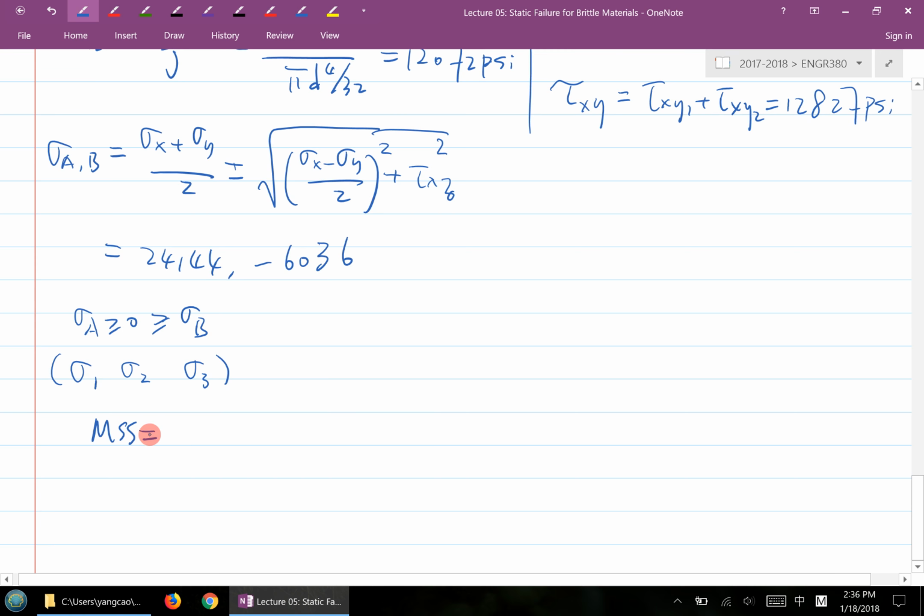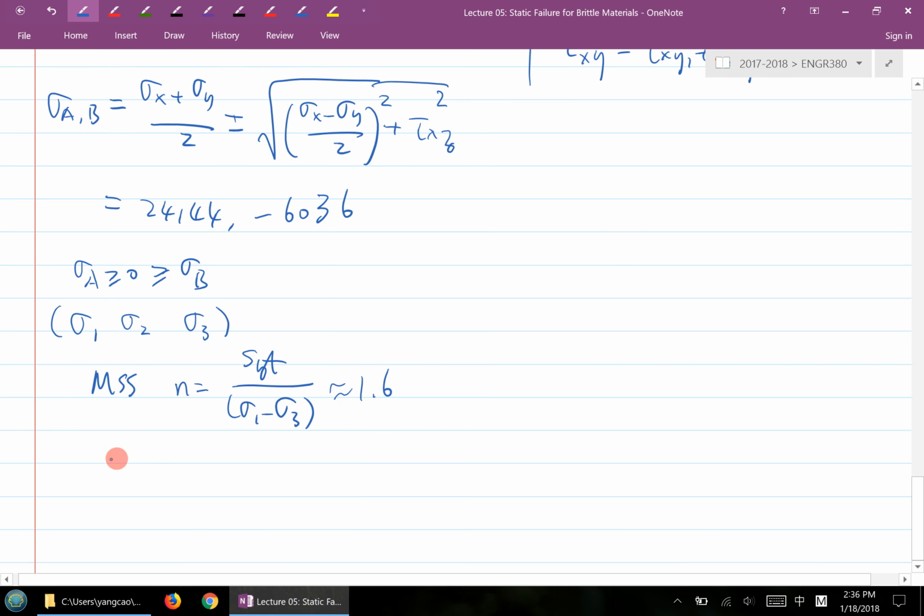So you're using the maximum shear stress theory. The safety factor is equal to SYT over sigma 1 minus sigma 3, and that gives us approximately 1.6. If we use the DE theory, we can calculate the Von Mises stress first, which you can also calculate using sigma A, B. So that's your Von Mises stress.